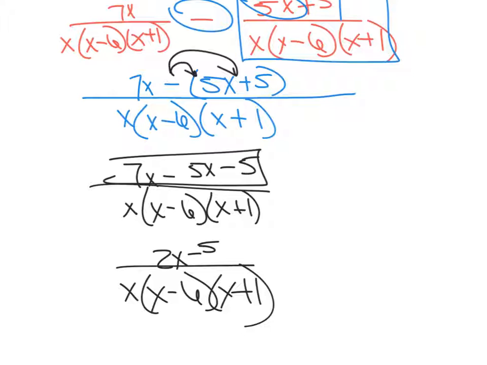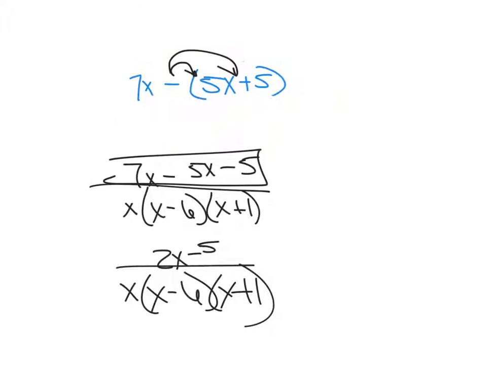It just kind of gets dragged along. Alright, so let's keep moving here. Look at the 101.3 example. We have 4x plus 2 over x squared plus x minus 6, minus 4.